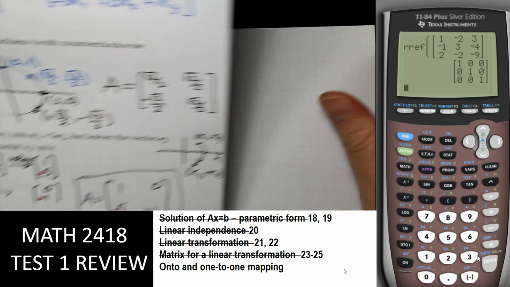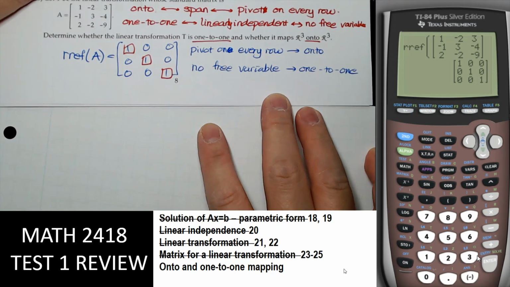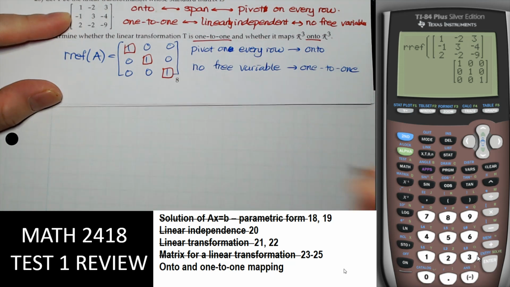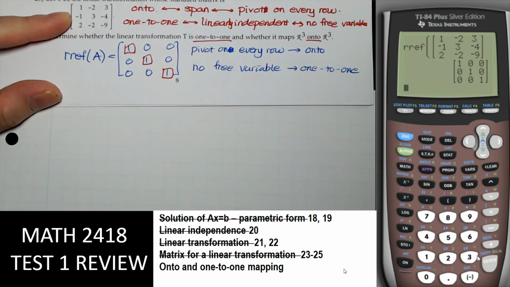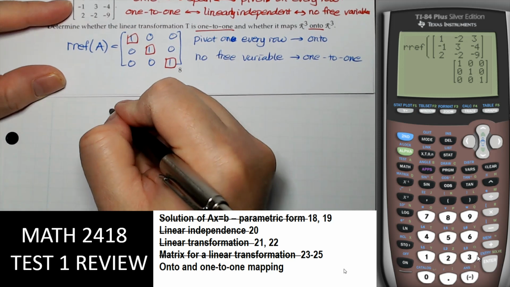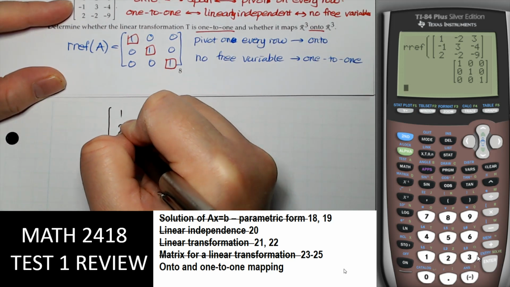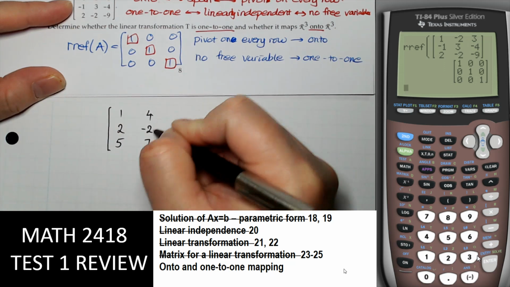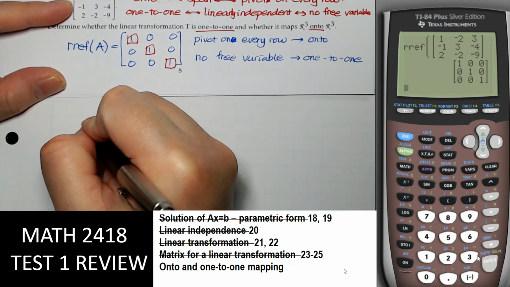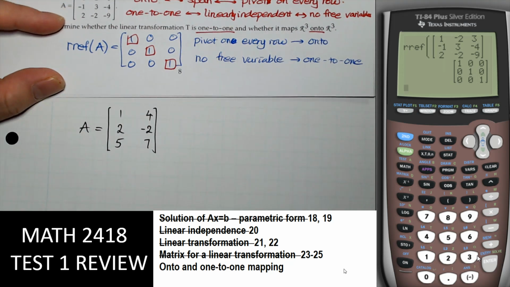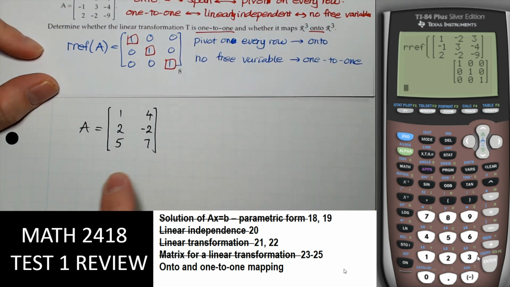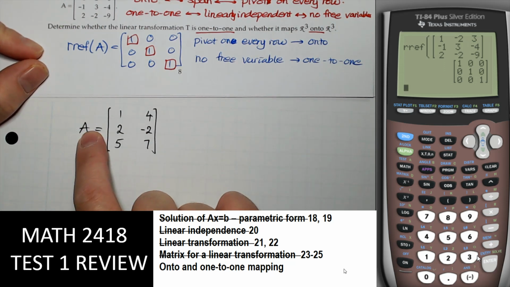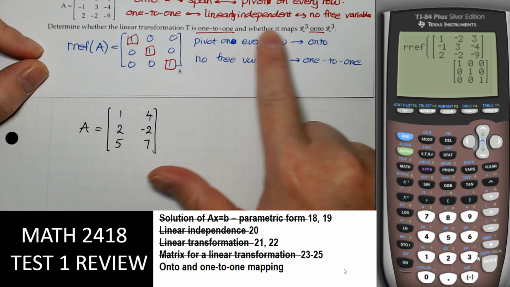Let's say we have a matrix of the transformation, and the question is the same: is the linear transformation represented by this matrix one-to-one or onto?